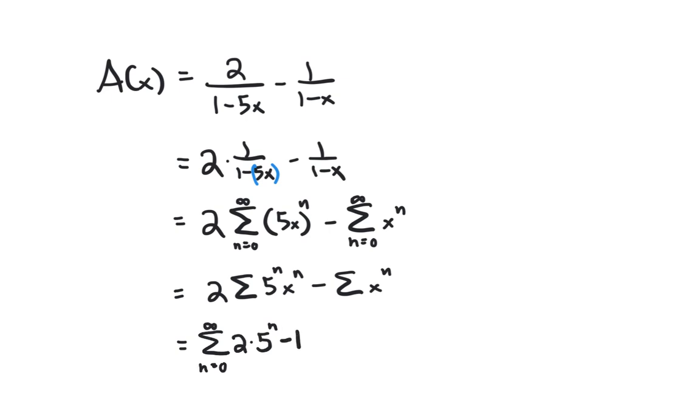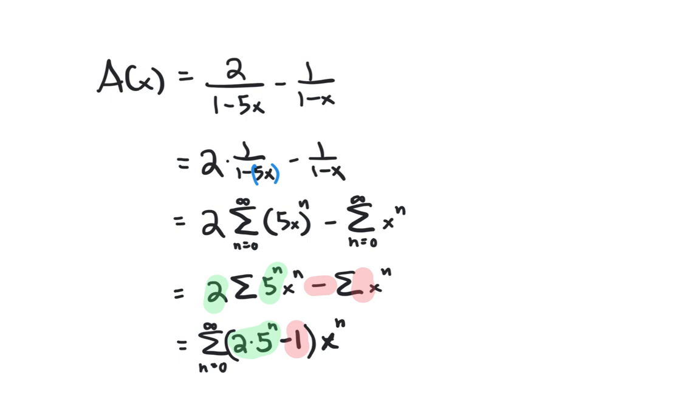The 2 times 5 to the n comes from there, and the minus 1 comes from that term. And that is times x to the n.